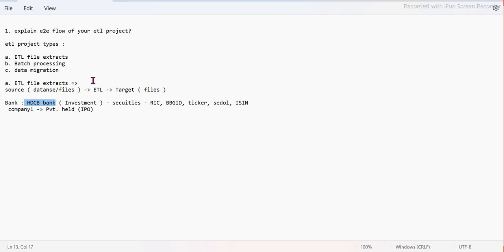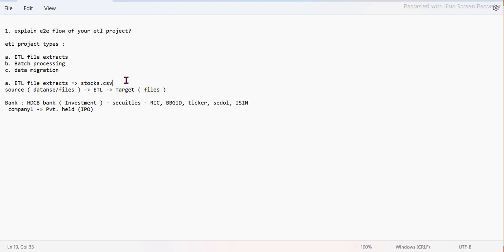So let's say they agree on a CSV file, stocks.csv, and this CSV file will have some format of data that it contains. The extraction will happen by Reuters, transformation will happen, and finally it will be produced as stocks.csv, which is basically the target as a file, right? So hope you understand how this is working entirely.